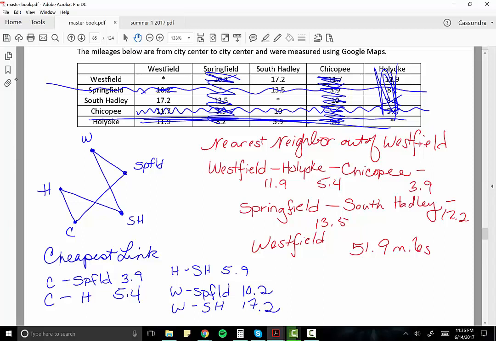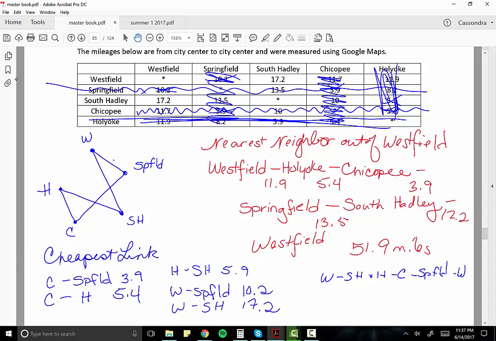All right, we went from Westfield to South Hadley to Holyoke to Chicopee to Springfield back to Westfield, which is totally the way I would go because South Hadley's the furthest, and then I would work my way back. And there's some really quick roads between Westfield and Springfield.